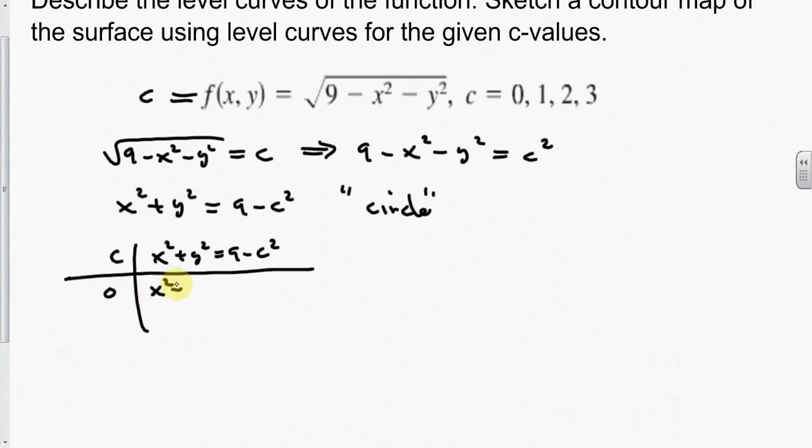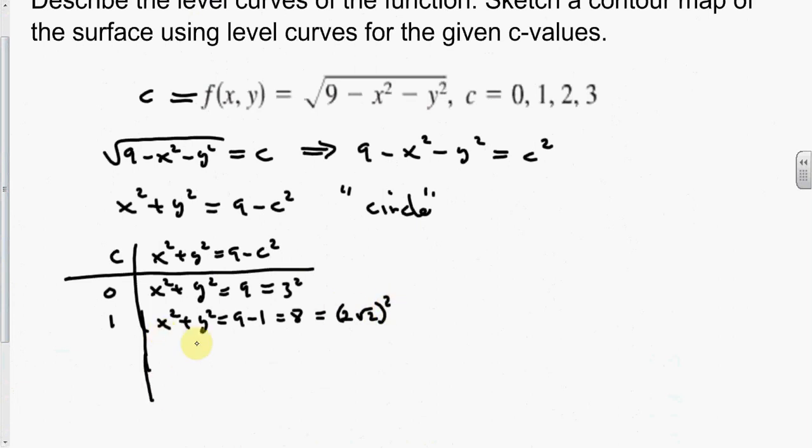I get x squared plus y squared is equal to 3 squared, or 9. c is equal to 1. x squared plus y squared is equal to 9 minus 1, or 8, or 2 times the square root of 2 to be squared.